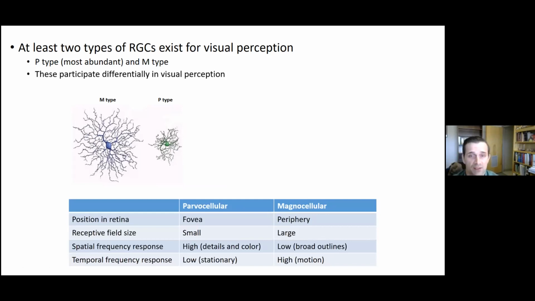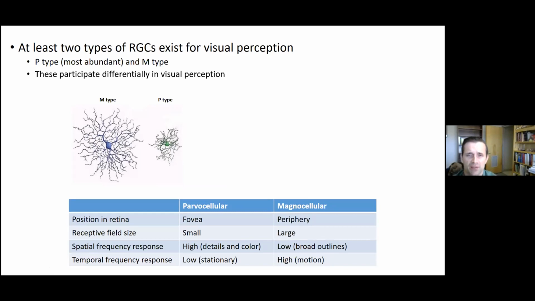So you have this nice little table here that shows you their distinction based on where they are in the retina, the size of their receptive fields, their spatial frequency responses. So is it high? Is it a lot of detail and color? Is it low?